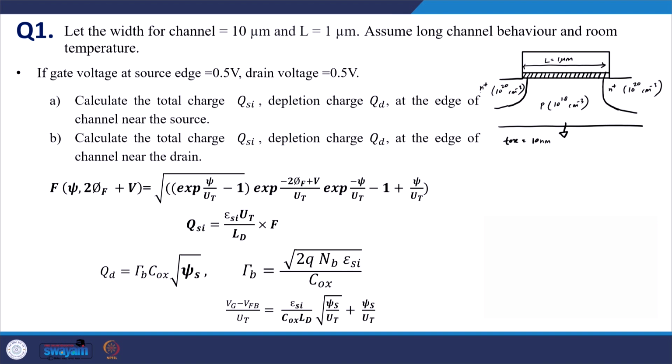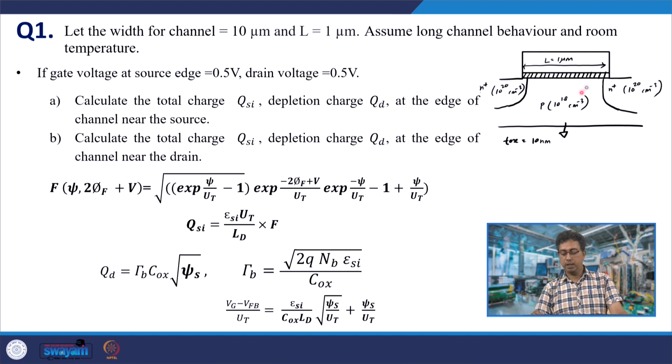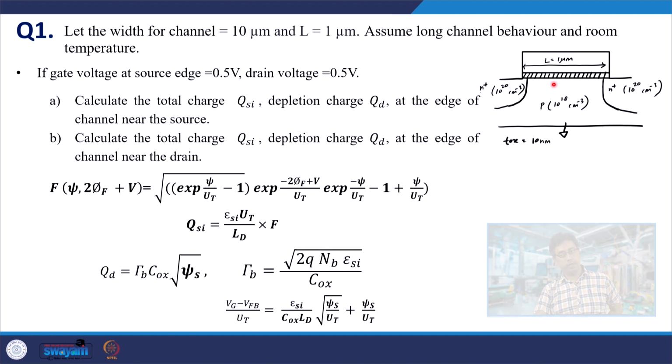So, how do we do that? We had discussed this F function, which relates the total charge in the silicon region with the electric field, and using that we had obtained the relationship between gate voltage and total silicon charge, and also gate voltage and inversion charge. So, this we will use here.